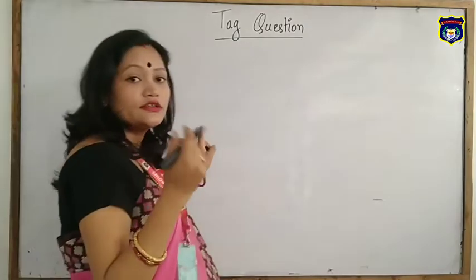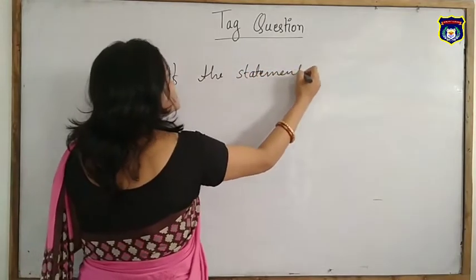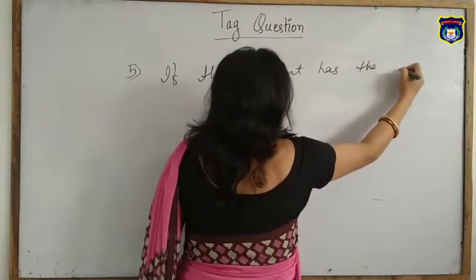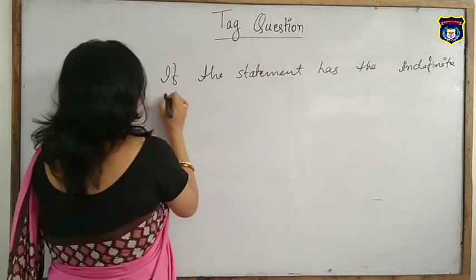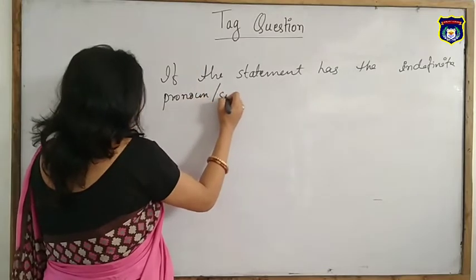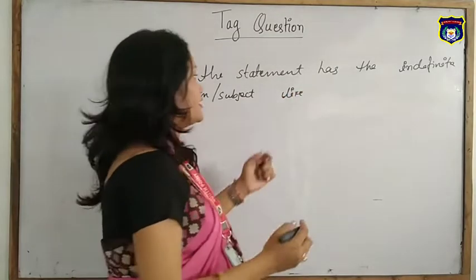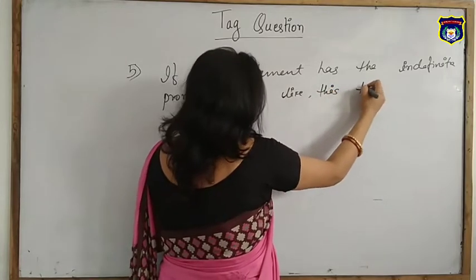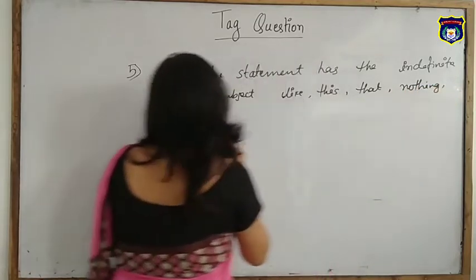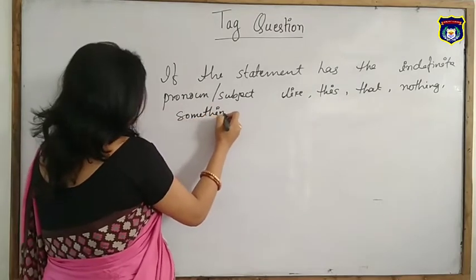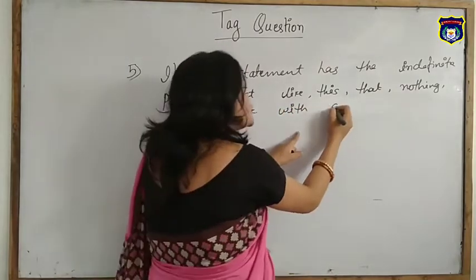Now rule number 5 is, if the statement has the indefinite pronoun or subject with indefinite pronoun like this, that, nothing, something, etc. We must be very careful with singular verb.